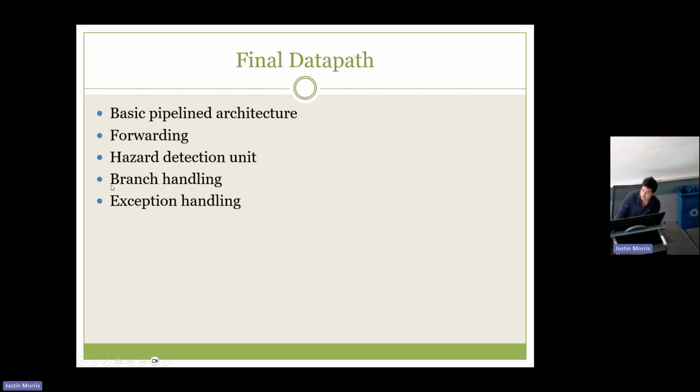And we added branching to the pipeline and moved it up from being handled in the memory stage to the decode stage to save us 2 cycles of stalling if we did need to stall. And now we've added exception handling.